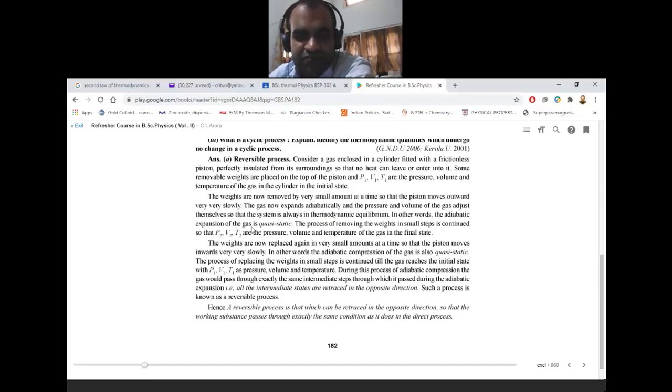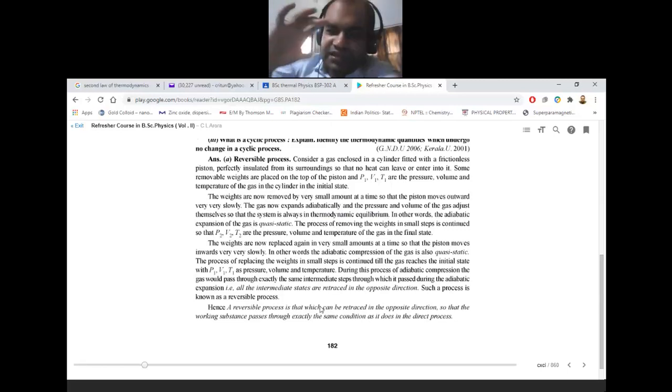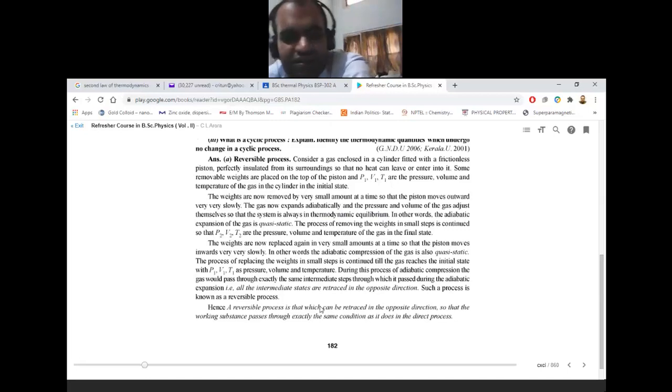In other words, adiabatic expansion of the gas is quasi-static. Quasi-static means a very slow process. Adiabatic expansion means the gas expands, but the process is very, very slow. The process of removing weights in small steps is continued so that P2, V2, the pressure, volume and temperature of the gas in the final state.